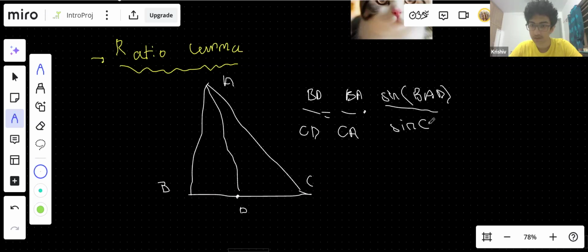This is what the ratio lemma says. This is quite well known, I assume.